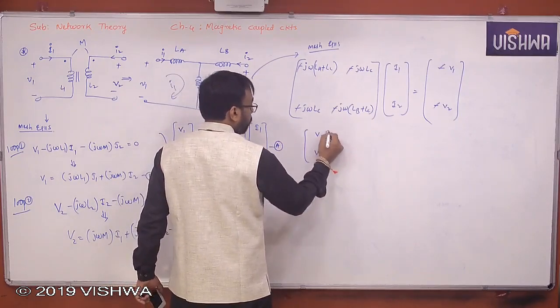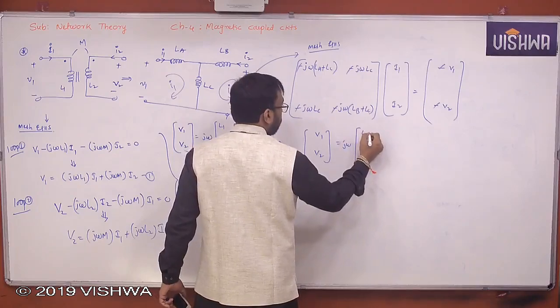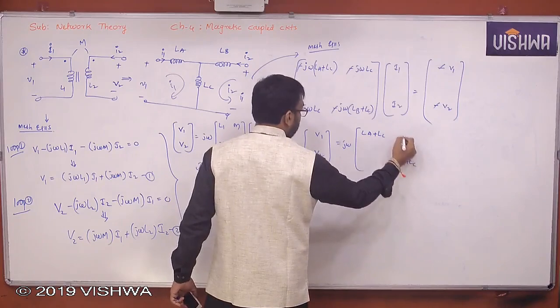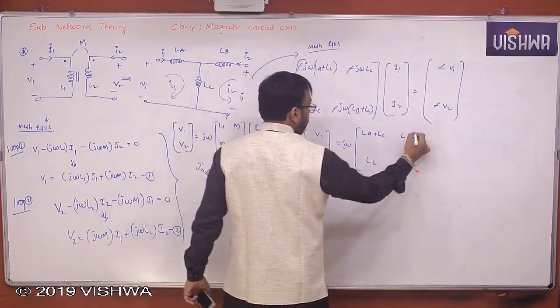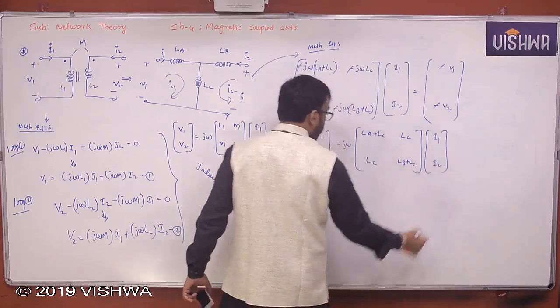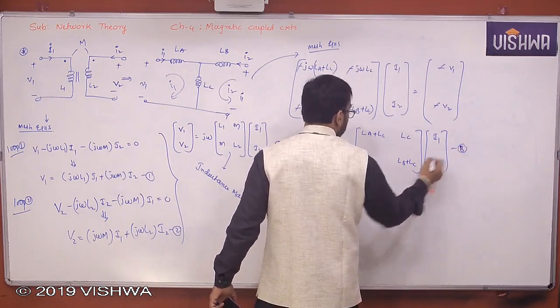V1, V2 is equal to J omega, LA plus LC, LC, LC, LB plus LC, into I1, I2. This is equation B. Let's compare the matrices.